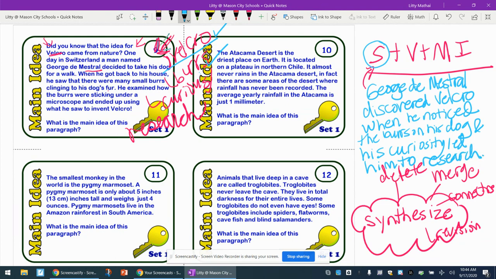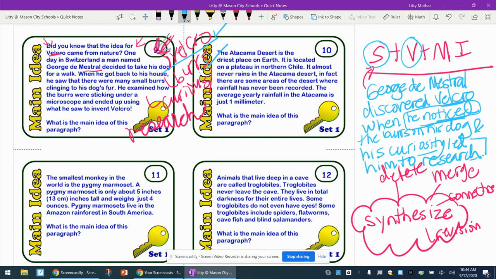Period. Okay, so I've got the verb, which is he noticed. Okay, subject is Velcro. The verb is he noticed. And the main idea is basically that he was curious and it led him to research.